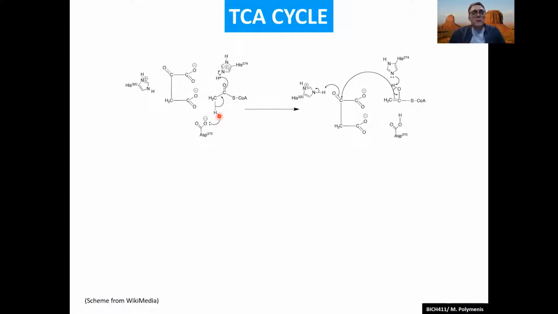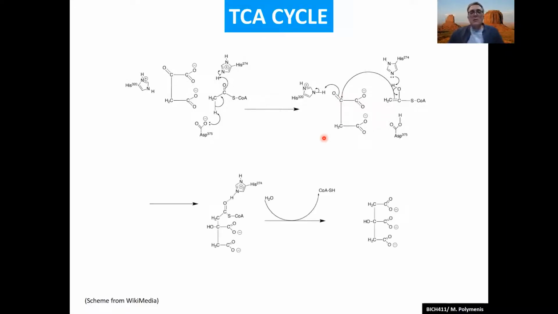So the proton gets picked up, as I described in the previous slide, and you've made a carbanion, not shown here, but it's this double bond that can go back and forth and actually have the carbanion. So when the oxygen reforms the carbonyl group here, these electrons will go onto this carbon, that's the carbanion, which will attack the carbonyl of oxaloacetate, and you end up with this intermediate.